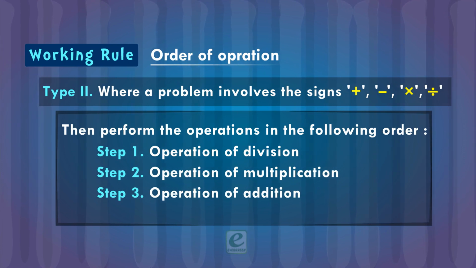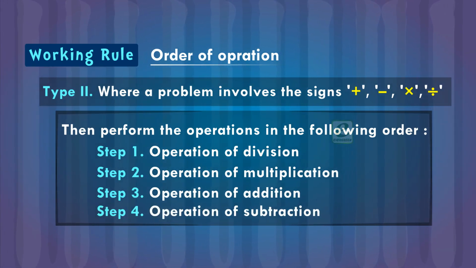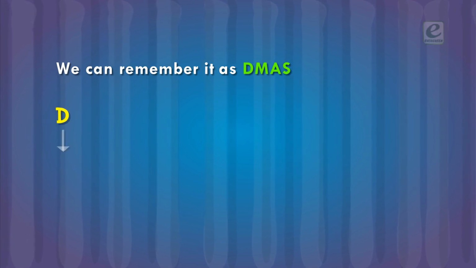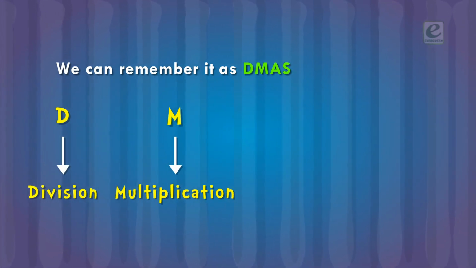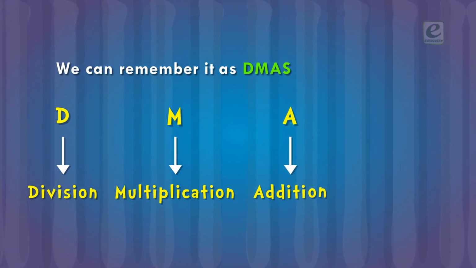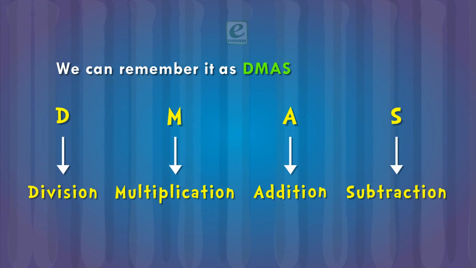Operation of addition. Step 4. Operation of subtraction. We can remember it as DMAS. D means division, M means multiplication, A means addition, and S means subtraction.